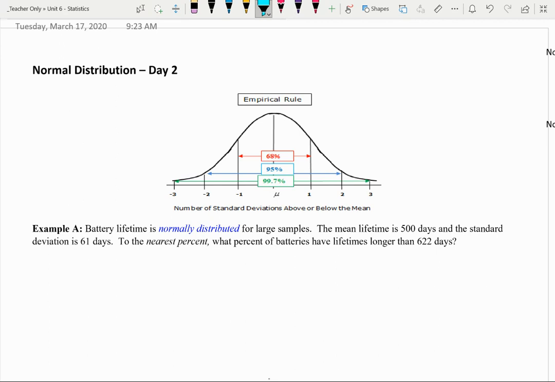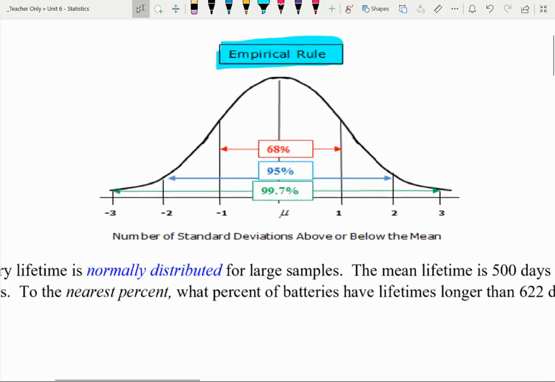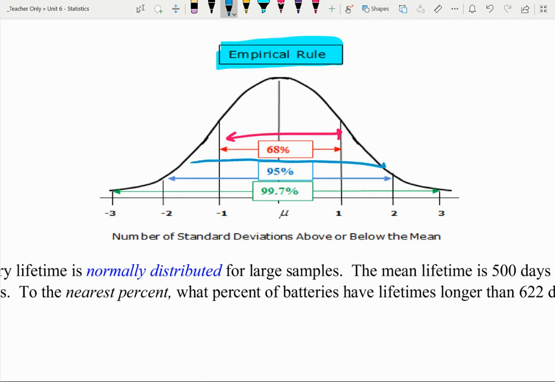So today we're talking about normal distribution again, and we're going to continue to use this to answer some questions. Yesterday we talked about the empirical rule, and I don't believe I gave it that name, but the empirical rule tells us an approximate shortcut where 68% of our data lies within one standard deviation, 95% of our data lies within two standard deviations of the mean, and finally 99.7% of our data lies within three standard deviations of the mean.